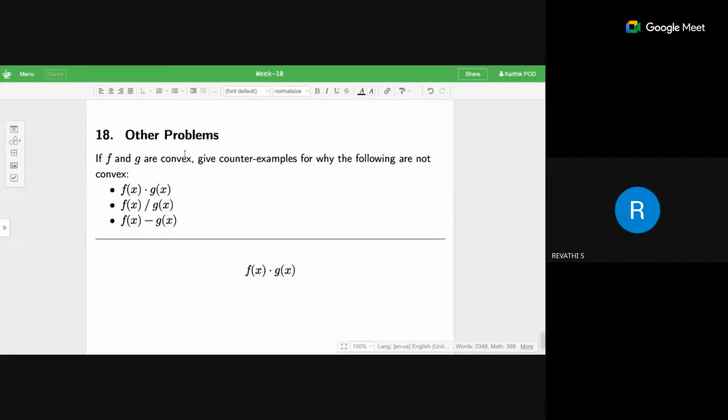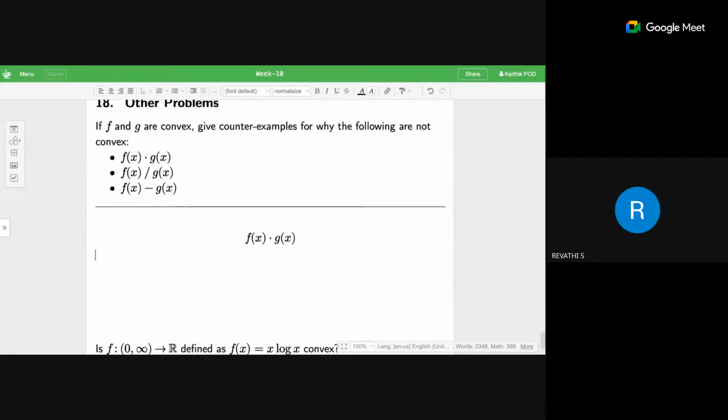e power x and minus x. e power x or a power x? e power x. So f of x is e power x, which is convex, and g of x is minus x. That is fair enough, right?